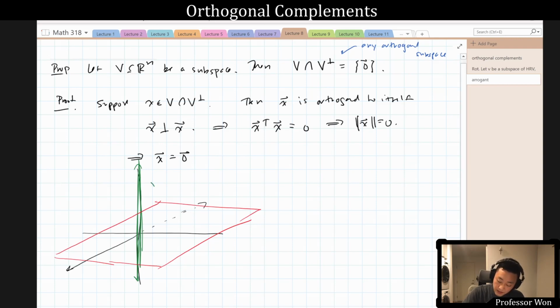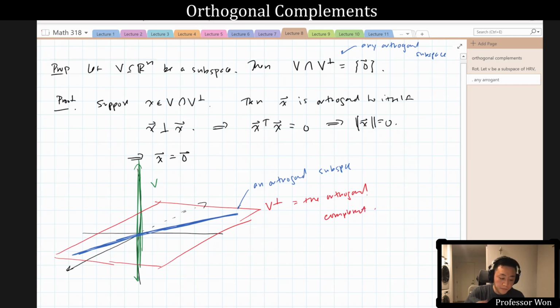So if this is V, then this is V perp. That's all the vectors that are orthogonal to V. But if you take, say, a line in this plane, then this is just an orthogonal subspace. Well, this is the orthogonal complement. It's sort of the biggest orthogonal thing.